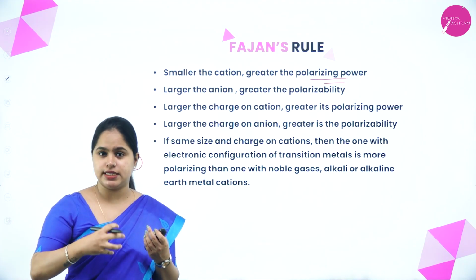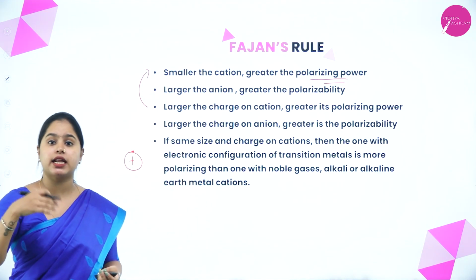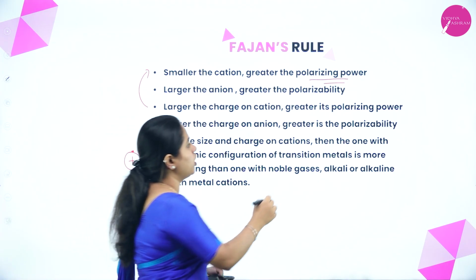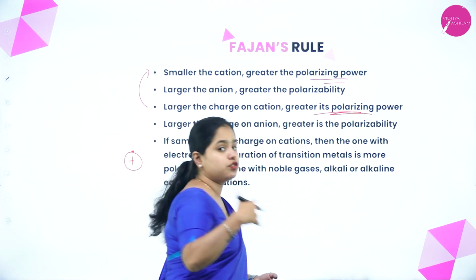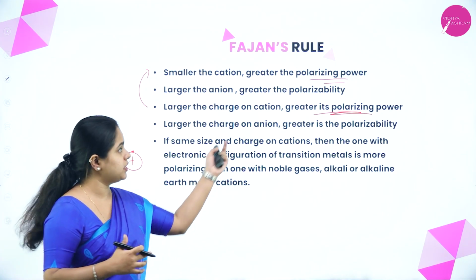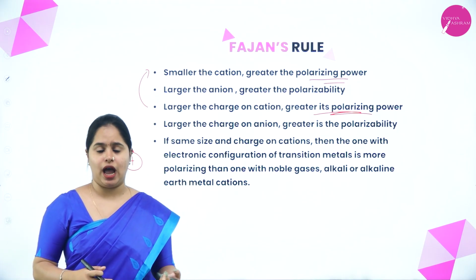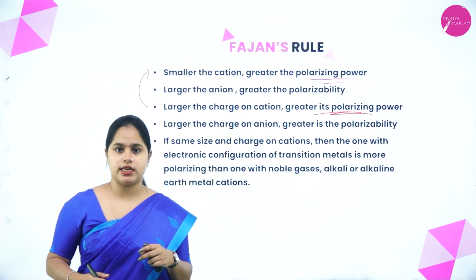We have studied that the smaller the size, the greater the polarizing power. So when the charge of the cation keeps increasing, the size gets reduced, which means greater polarizing power. Now moving on to the fourth factor: larger the charge on the anion, greater will be the polarizability.